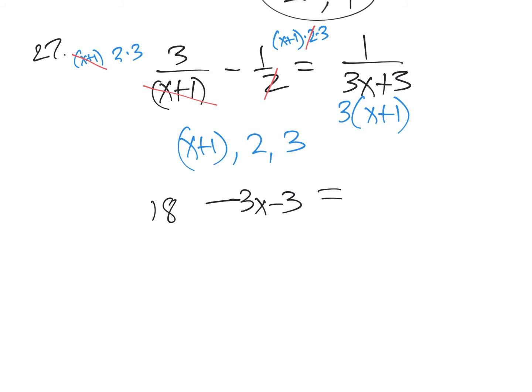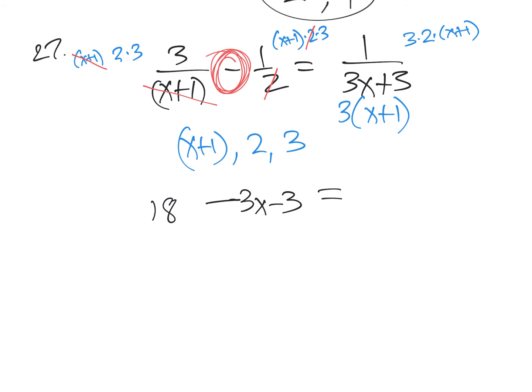And on the right side, we're going to multiply by 3 times 2 times x plus 1, because those are all our factors. How'd you get a minus 3? You got to distribute that minus 1 through the whole top. So wouldn't it just be 18 plus 3x minus 3?